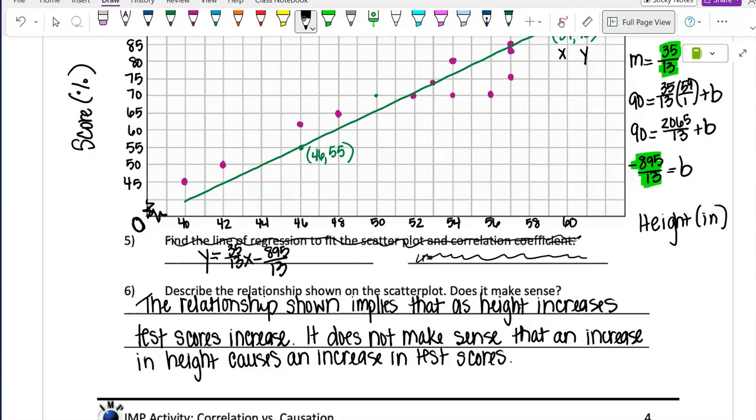On the next page, it's kind of like a recap page of the three situations that we have looked at. The first one, if you recall, was the storks and the number of babies born. The next one was the ice cream sales and the number of drownings. And then this one, which was the height and the test scores.